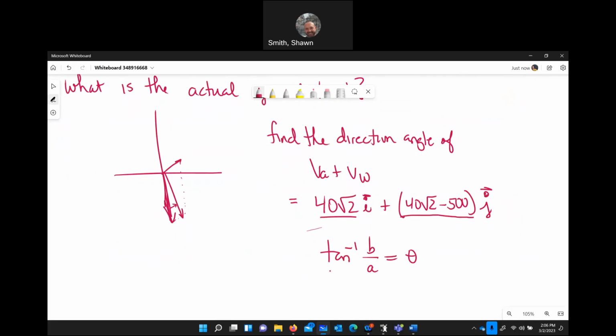So if I put this in the calculator, inverse tangent of B, the part in front of the J, in AI plus BJ.